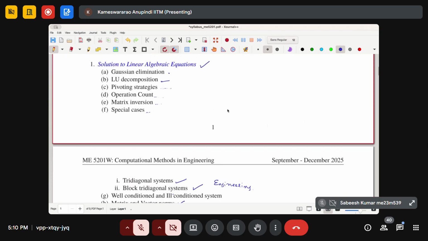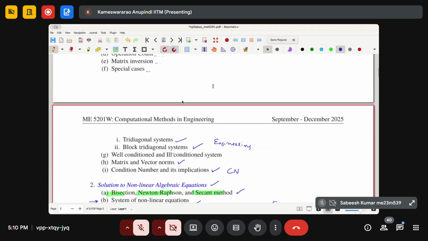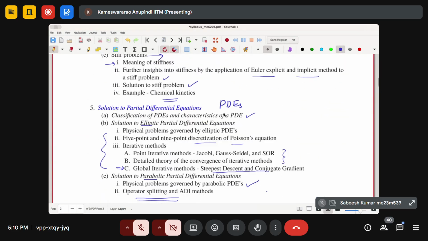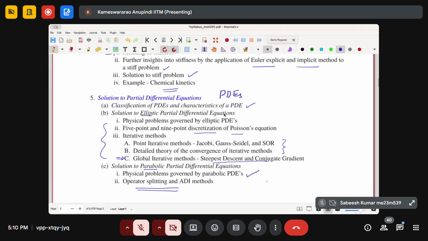It may be possible that some of the chapters, for example, solution to linear equations, may not come out to be a direct application as such, but I'm going to talk about what the applications for ODEs or PDEs are in real life, or even connected to some of the problems in automotive or mechanical. What kind of problems are governed by these kinds of equations.